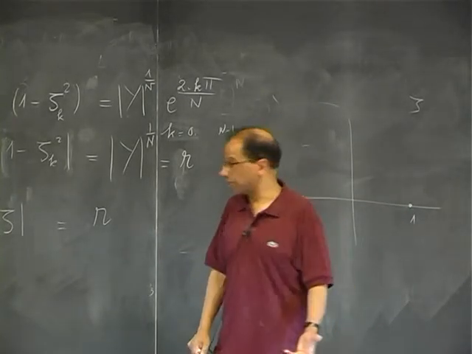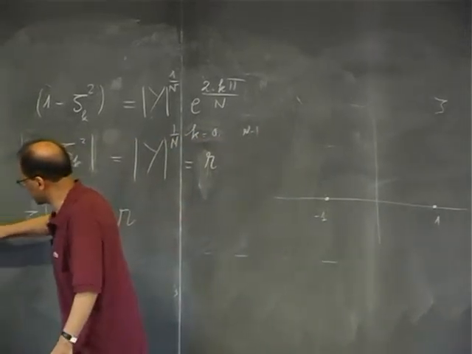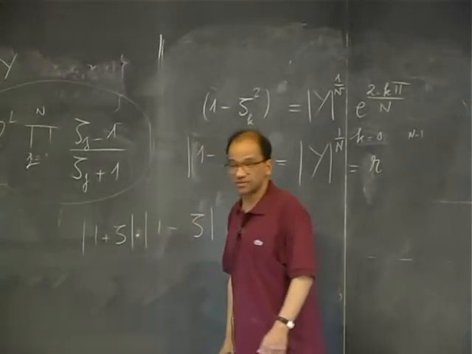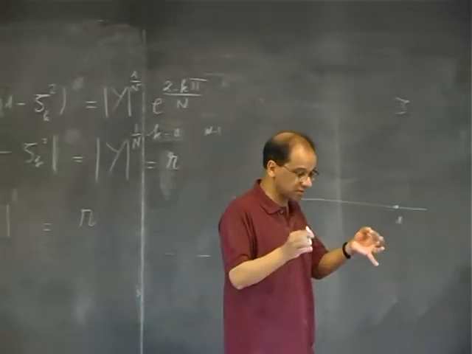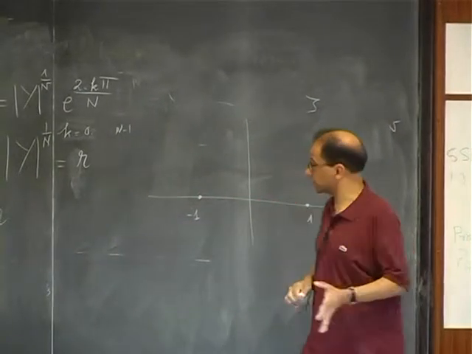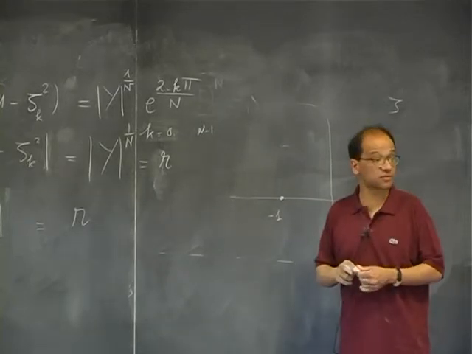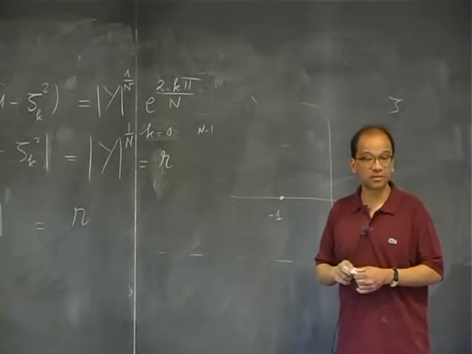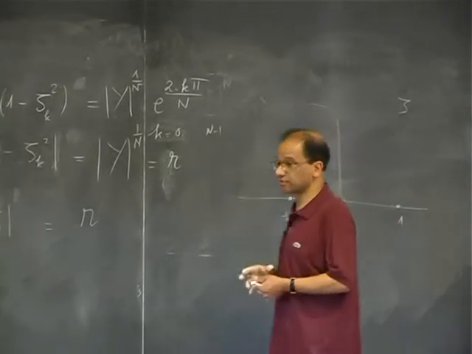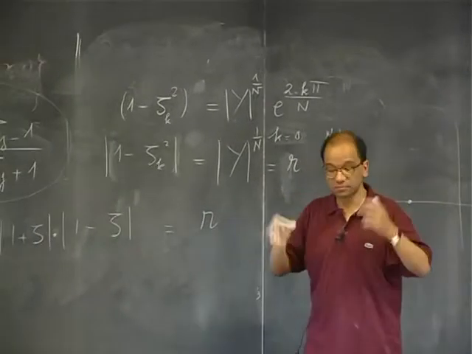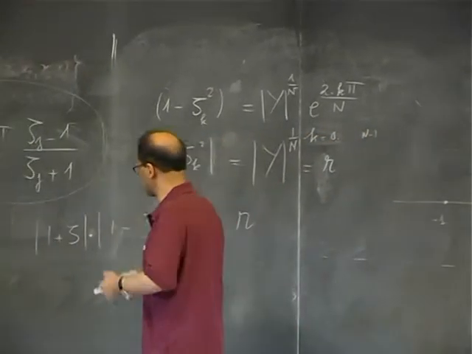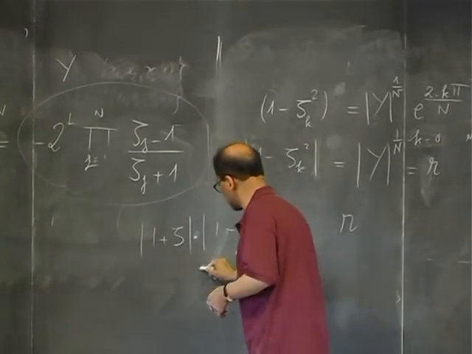An ellipse. But I don't have a plus, I have a product. So this is the locus of the points in the complex plane such that the product of their distances to +1 and to -1 is a constant. Okay? So these are in fact classical curves which were studied 400 or 500 years ago. They are called Cassini ovals.